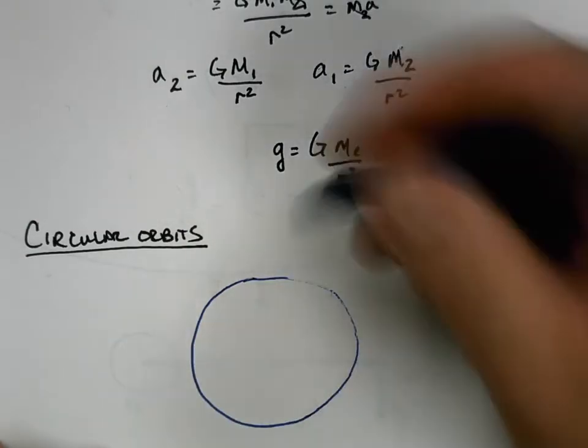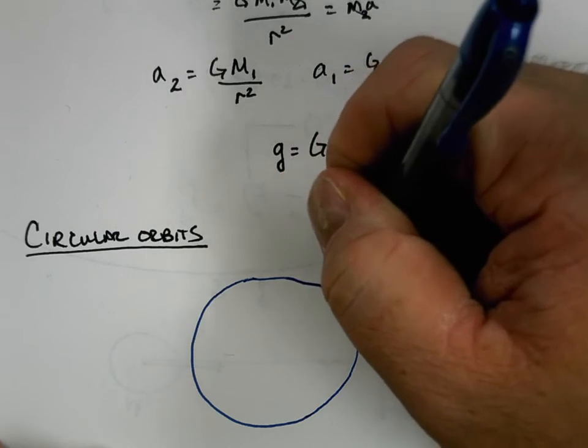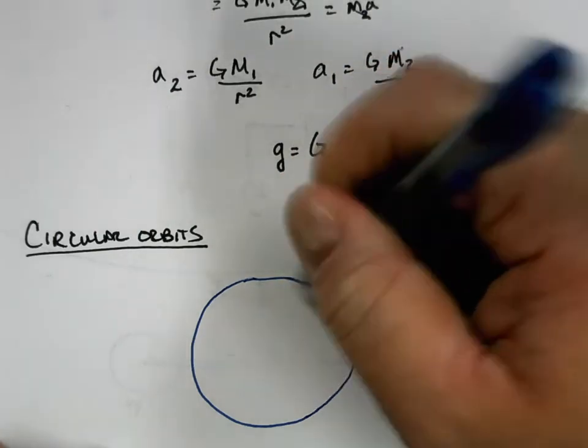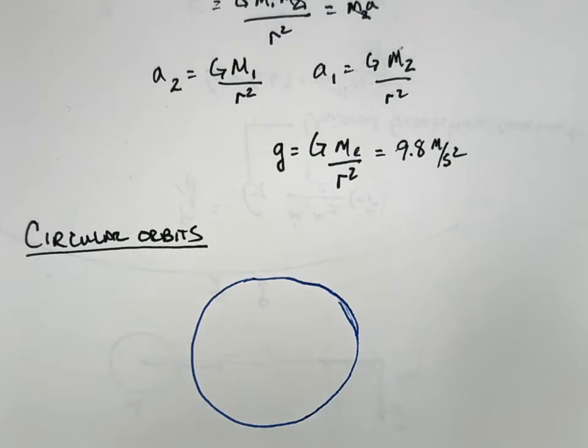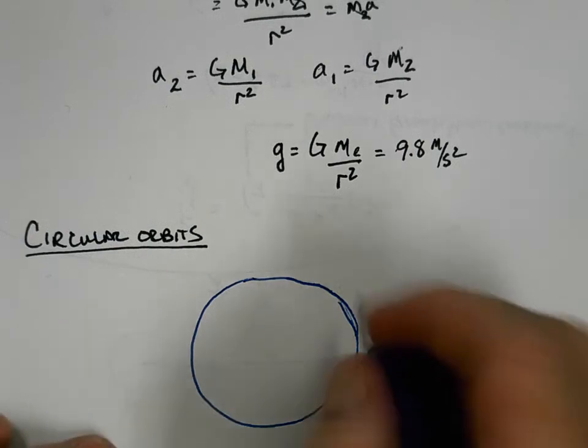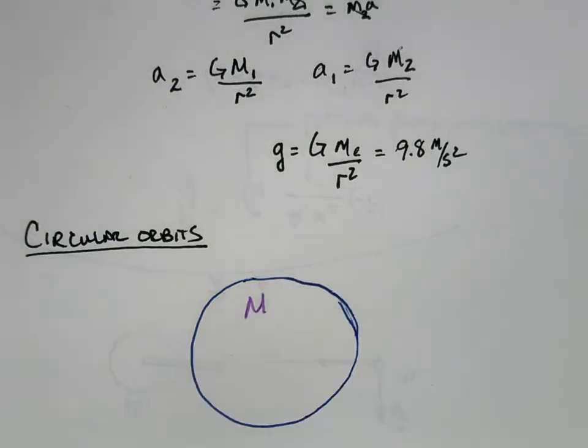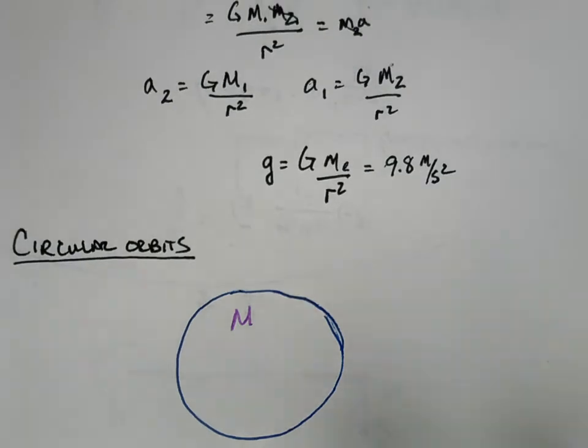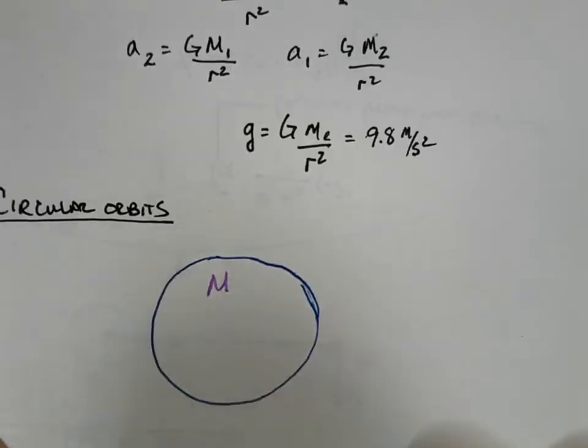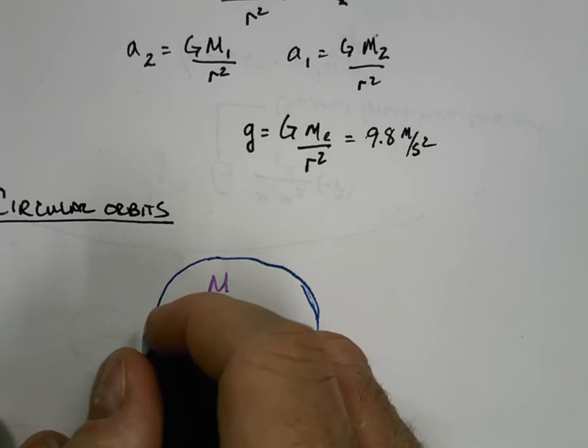Almost a beautiful circle right there. I needed a little more curvature right here. Okay, this Earth has mass m. And let's say an object is orbiting our planet here.